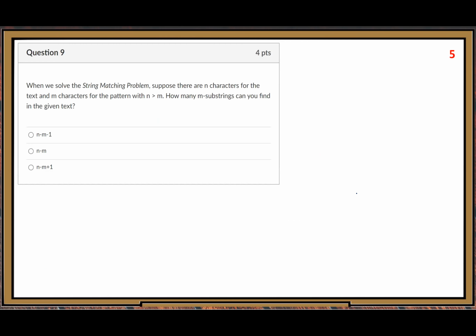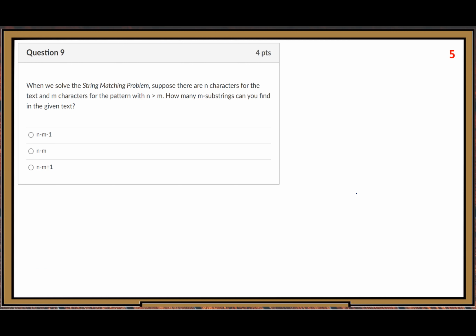All right. Number 9. When we solve the string matching problem, suppose that there are n characters for the text, m characters for the pattern.